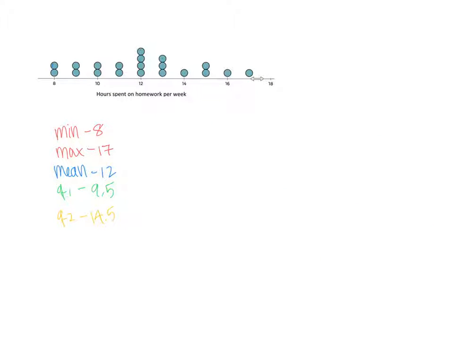So once I had the 5-number summary, I just made the line, and I did 12, then I did 14. Just put the numbers in. Okay. So then I plotted the minimum, which is 8, and the maximum, which is 17.